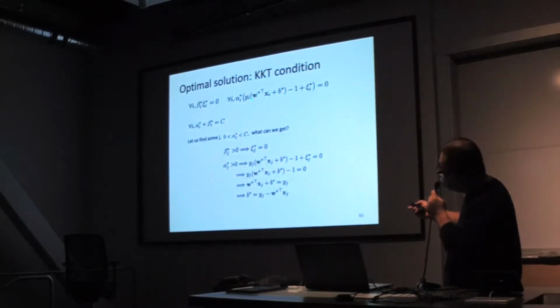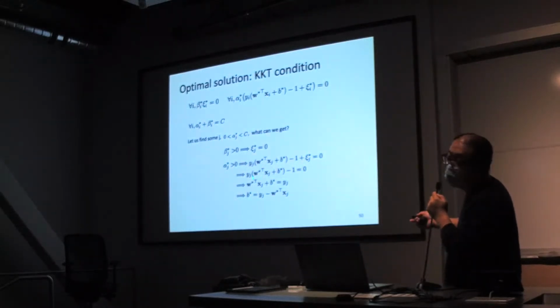That means the function margin subtracted by 1 plus this optimal slack variable is 0. But from our derivation, we know that the optimal slack variable is 0. So we got this equality, namely, the function margin subtracted by 1 must be 0.